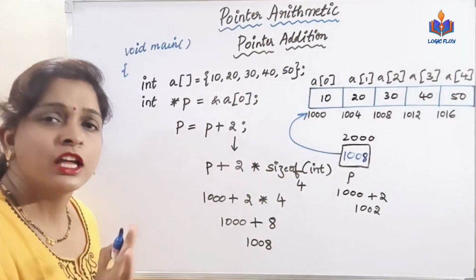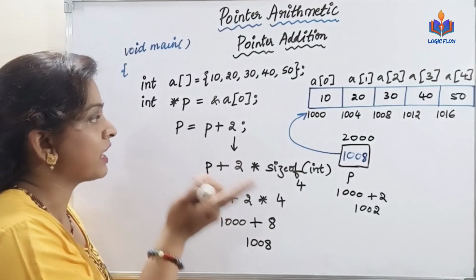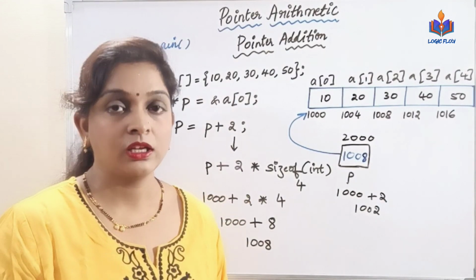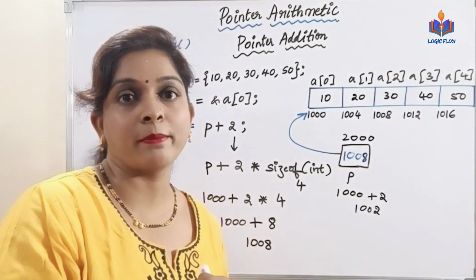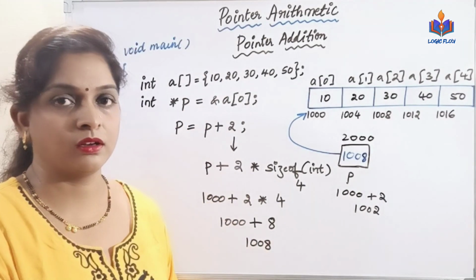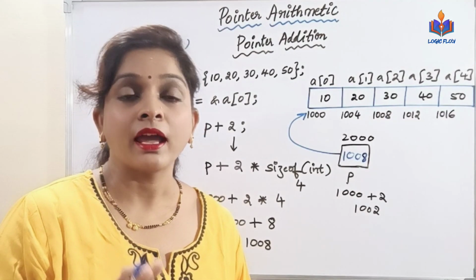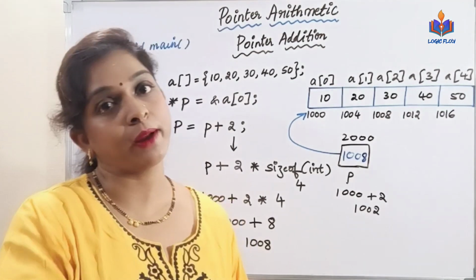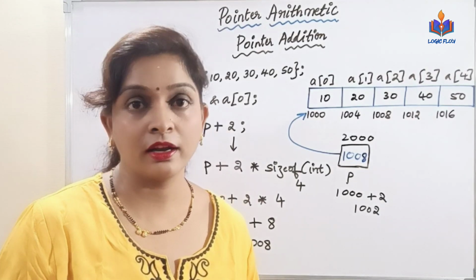So it is not the normal addition. So it is P equal to P plus 2. I am adding an integer. I can add an integer value to a pointer, or if it is any data type, it may be float also. Means I can add a value to a pointer, but that value will not be added in a normal way.